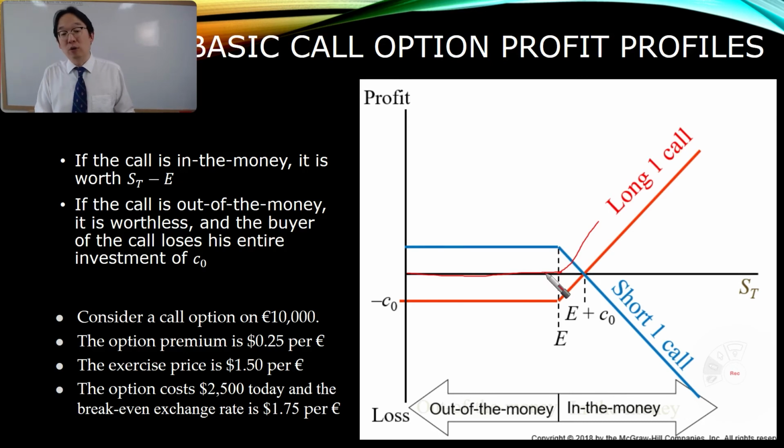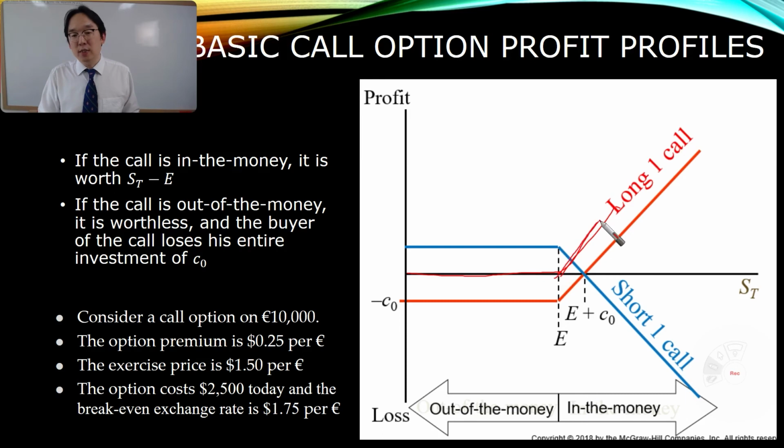So forego. Whereas if the spot price is bigger than the exercise price, you exercise it, buy at the exercise price, and turn around and sell it at the spot market, and make a profit out of it.